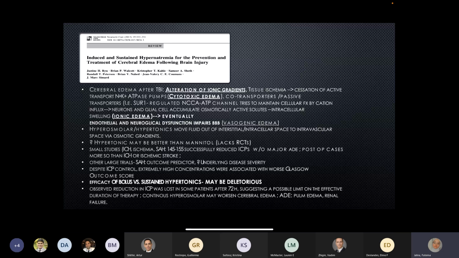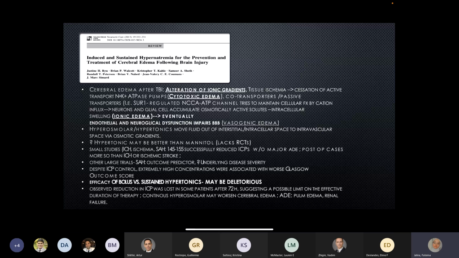A few other points before I go into the chronic therapy, or longer-term therapy, is that it is found to be helpful in post-op cases where you have swelling post-op. It helps more so than your ICHs and your strokes and subarachnoids. But in general, 145 to 155 was the range where it can help without major adverse effect.